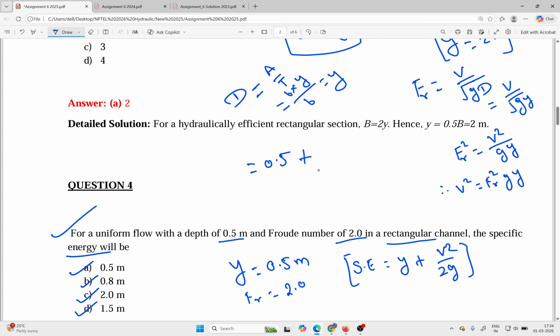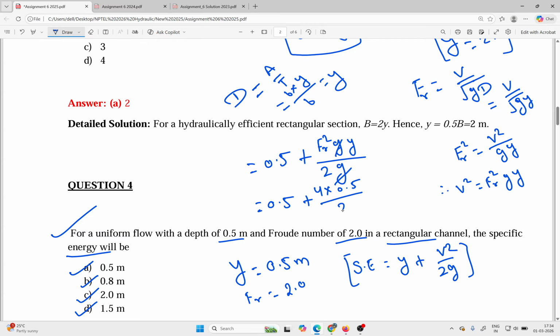So now you can put here your FR square GY divided by 2G. So G and G will be cancelled out, and it is 0.5 plus FR square by 2. In the question FR is given as 2, so 2 squared is 4, and Y is 0.5.